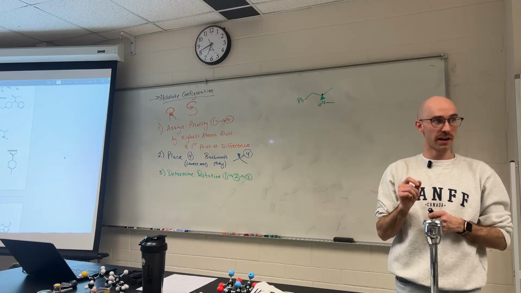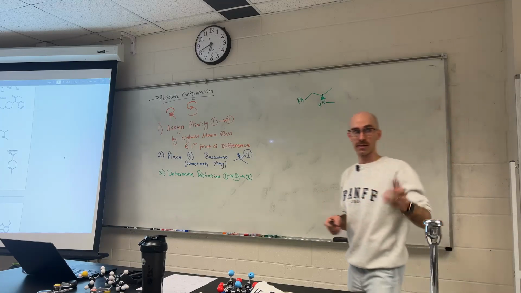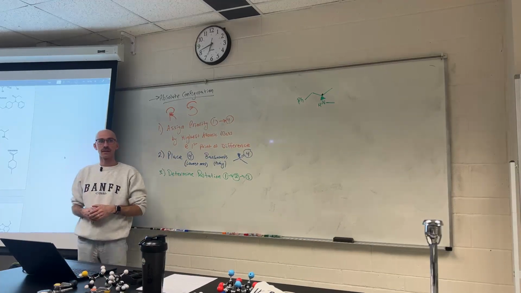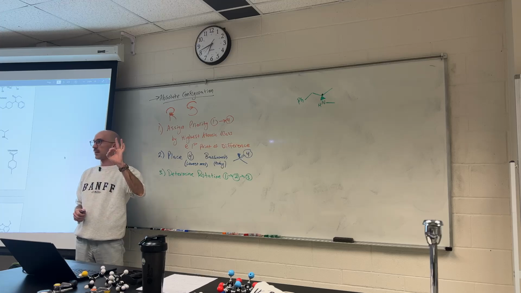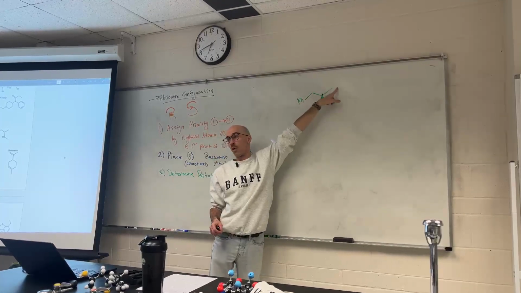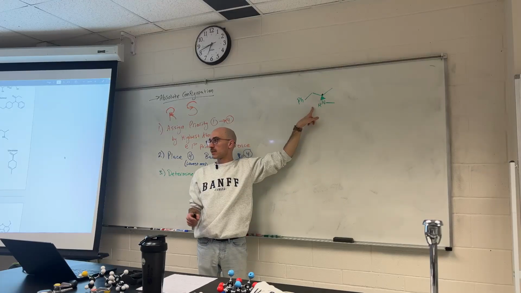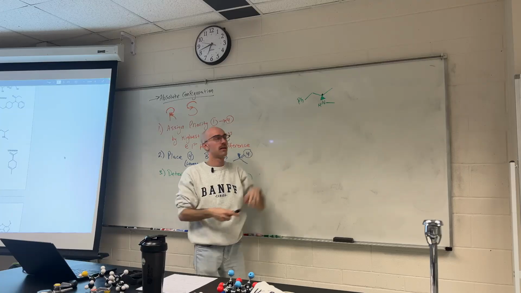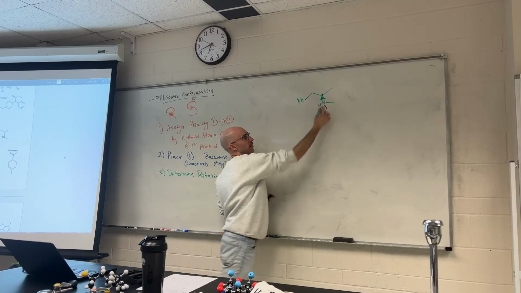What is the highest priority group attached to my carbon, Eric? Nitrogen. Why? Because it has the highest atomic mass compared to hydrogen and the 2 carbons. Nitrogen is a higher atomic mass than carbon or hydrogen. Relative to my chiral carbon, that's our center point, nitrogen is the highest atomic mass.